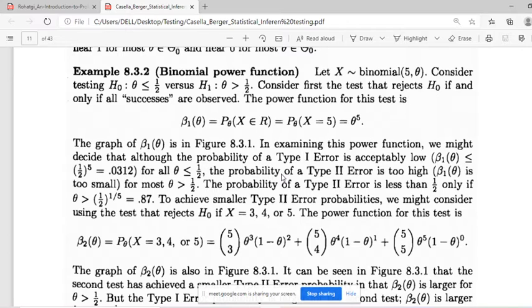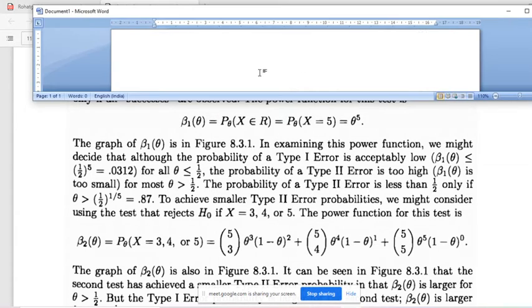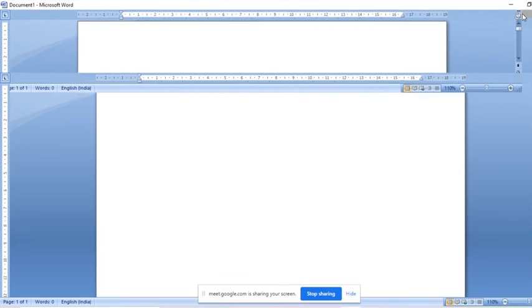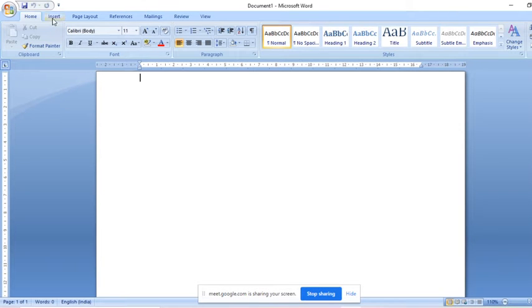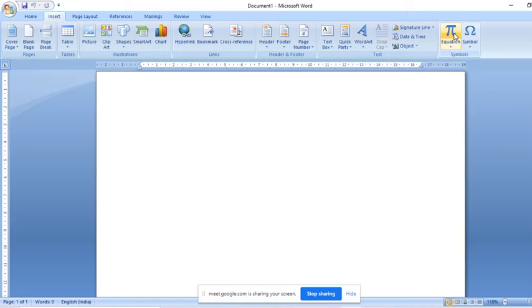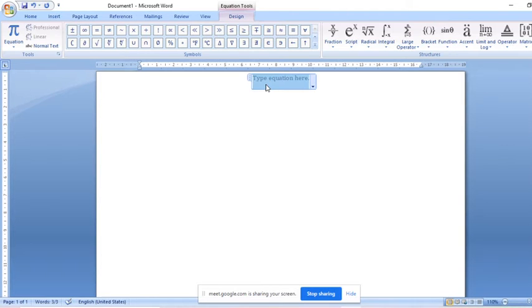What is the probability mass function of binomial 5 comma theta? What is the probability of X equal to small x?